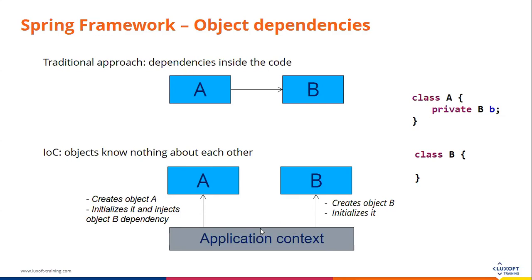It will say, okay, I have to create object B and initialize it. Okay, I have to create object A, initialize it, and inject the dependency between A and B. So it is the container that is taking control, and no dependency resides inside the code.